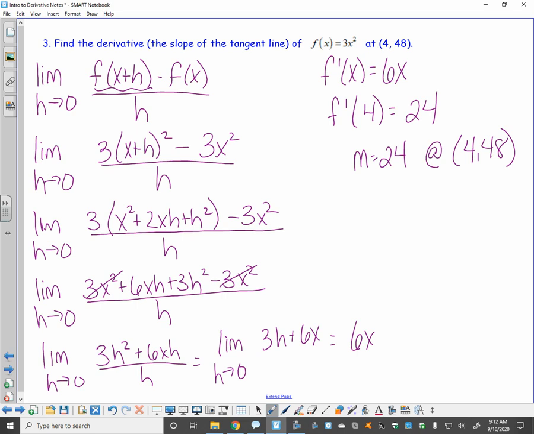Very steep, very positive, and very steep. But this is 3x squared, so you know that's a parabola with a vertical stretch, so it's getting steeper faster. Derivative is the slope of the tangent line at any given point. This is your derivative. This is you finding the derivative at a specific point.